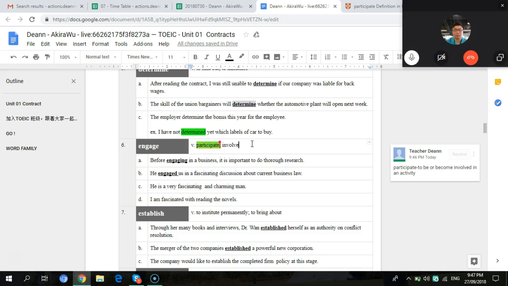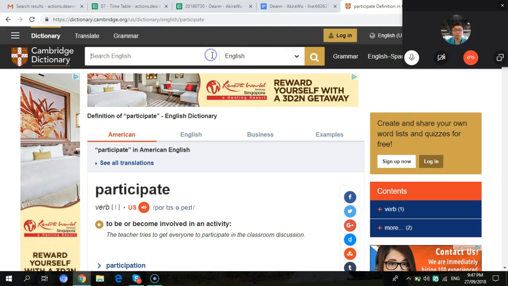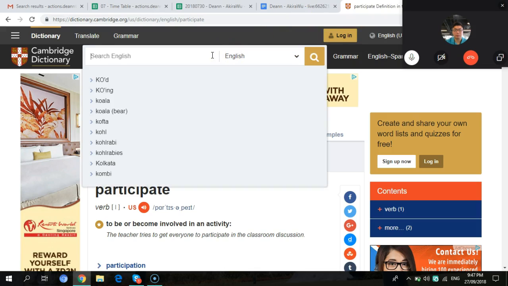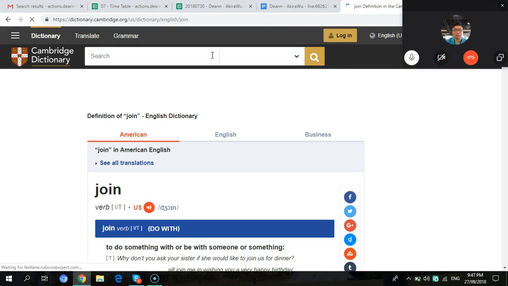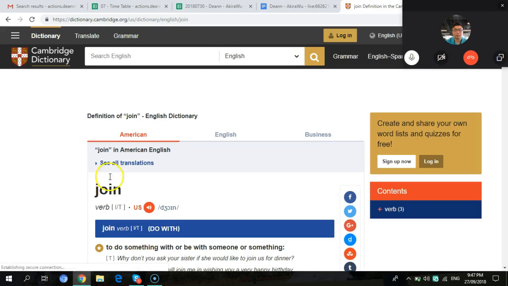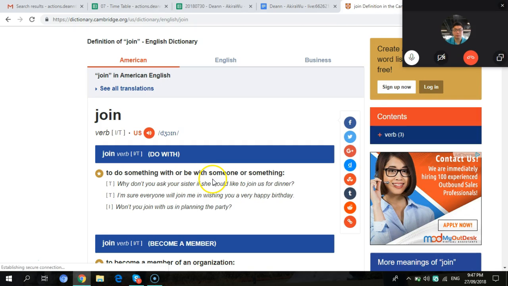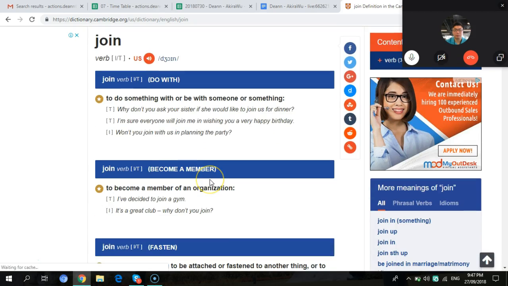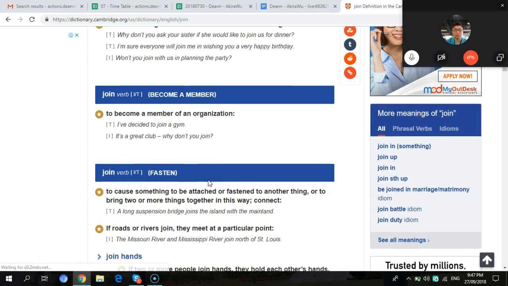What's the difference with join? When we say join, that means to do something along with people, to be a member of something.